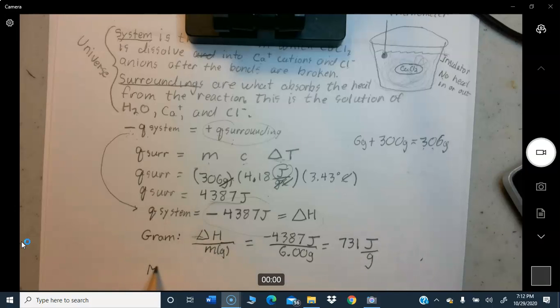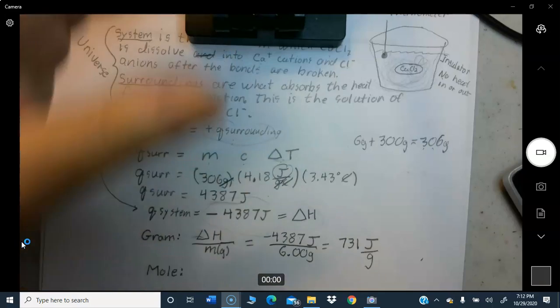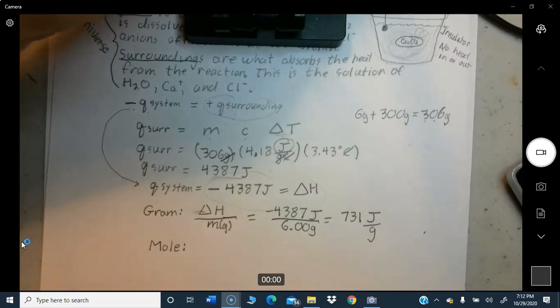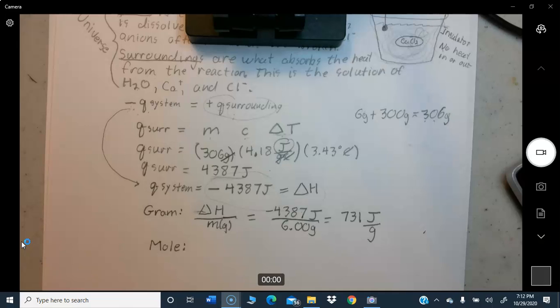Now the other thing you might want is how much energy per mole. Okay, so we can just do a molar mass conversion here. First of all, you have to know the molar mass of calcium chloride, and it is 110.98. I did that calculation already. So we take 731. Yes, that's correct.